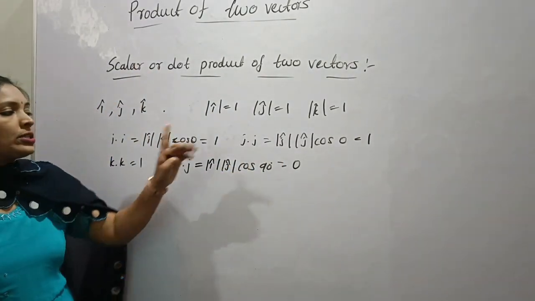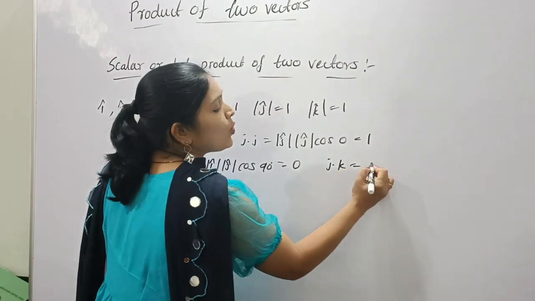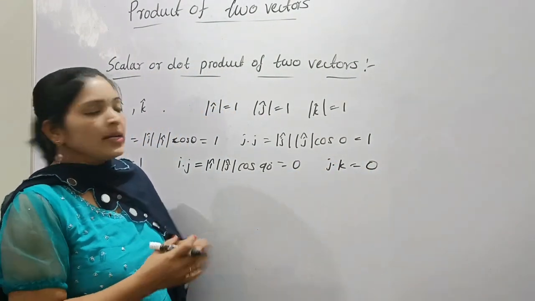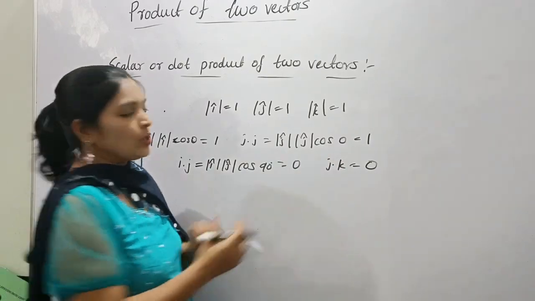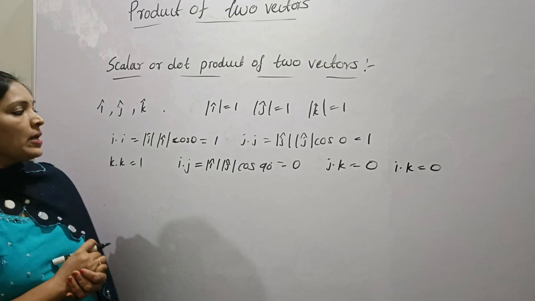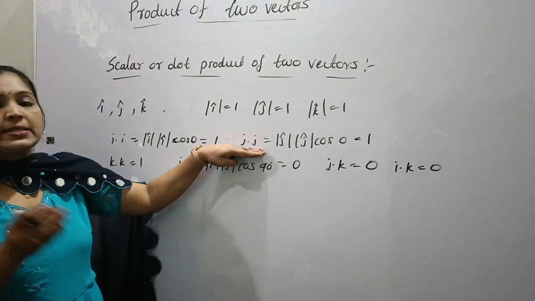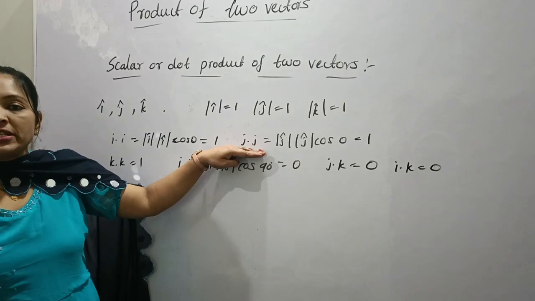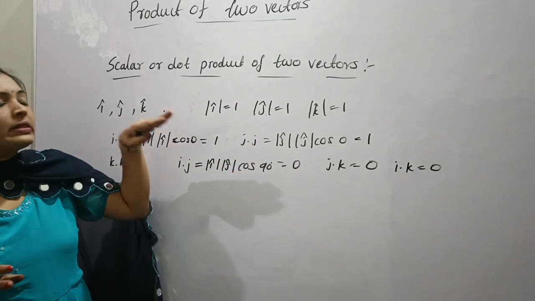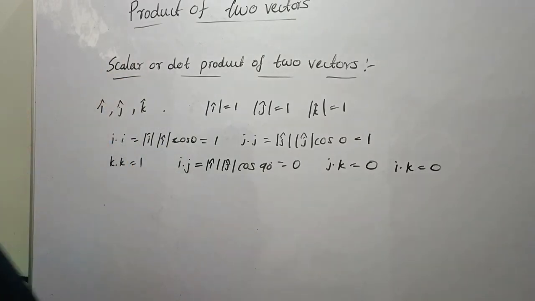Similarly, j dot k is also 0, because they are perpendicular to each other, right? And i dot k is also 0. So, the dot product of two vectors is a scalar, that is, a real number, right? Therefore, this product is called a scalar product.